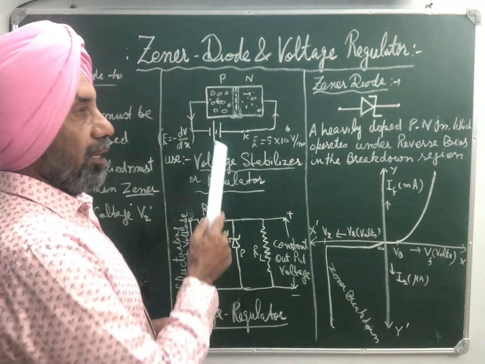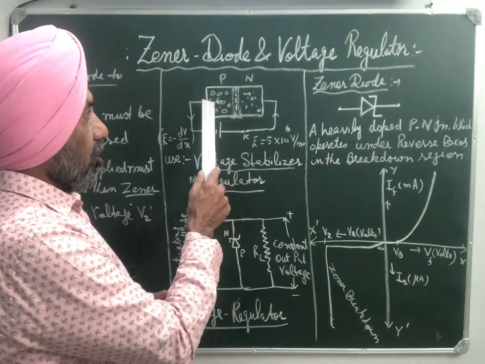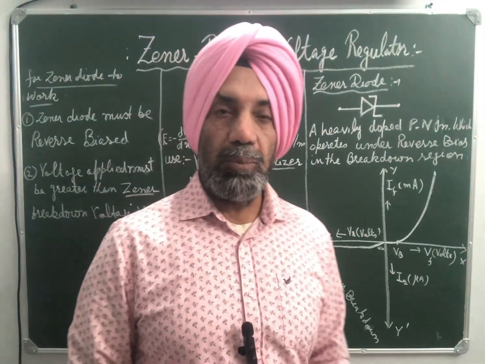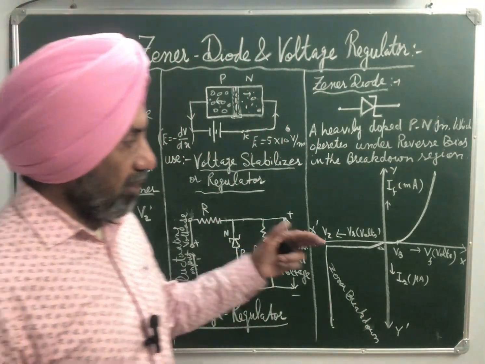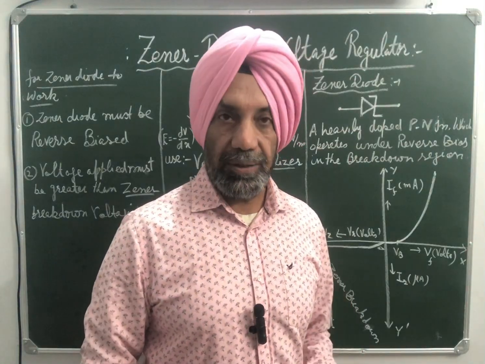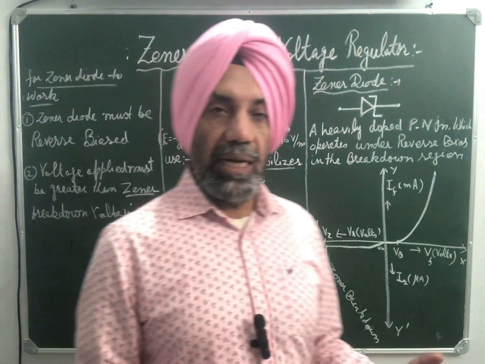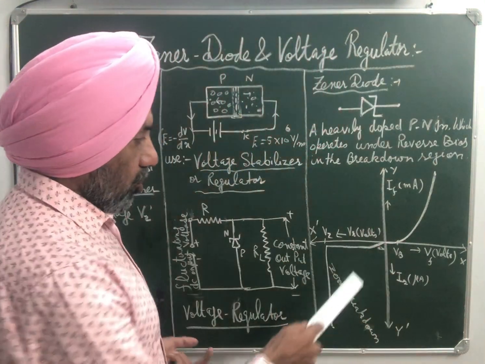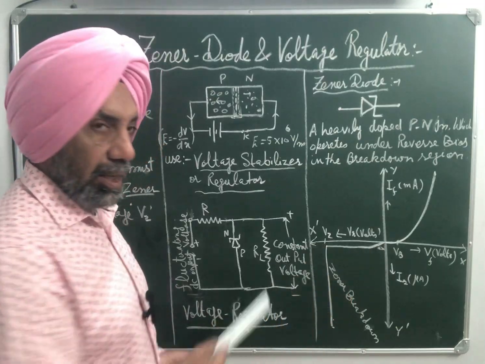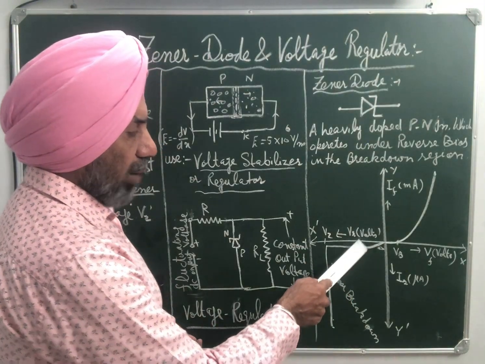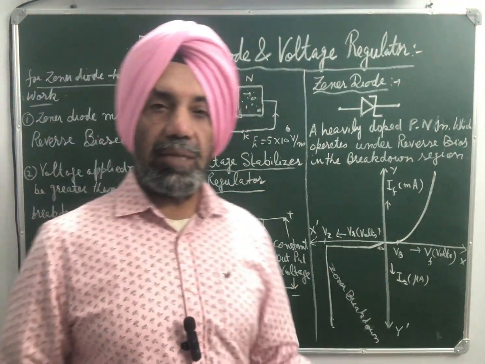And as we know, majority carriers move away from the junction, so it offers infinite resistance to the flow of current. Practically, it doesn't conduct. When we increase the reverse voltage, the reverse current is very small, of the order of microamperes only, and it is only due to minority carriers which cross the junction.